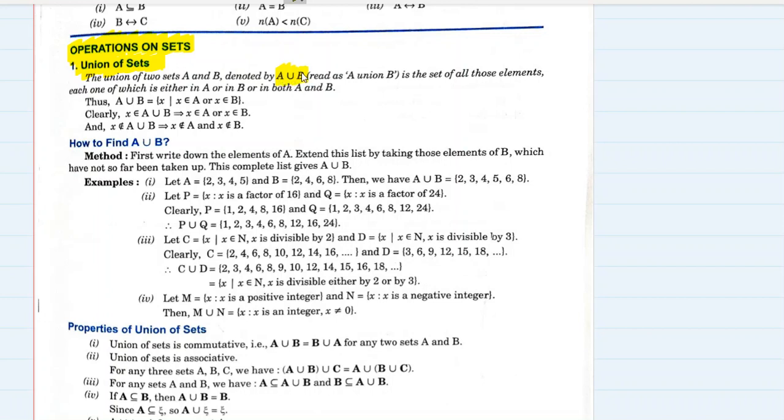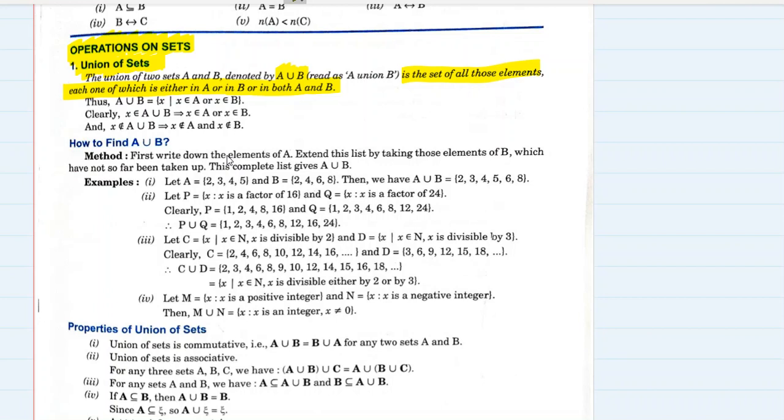So A union B is the set of all those elements, each one of which is either in A or in B or in both A and B. When you union two sets, you add them. Not the addition which we use in arithmetic.